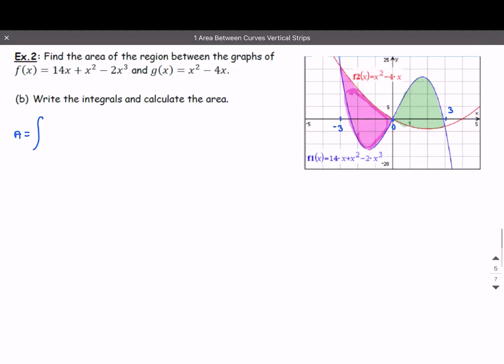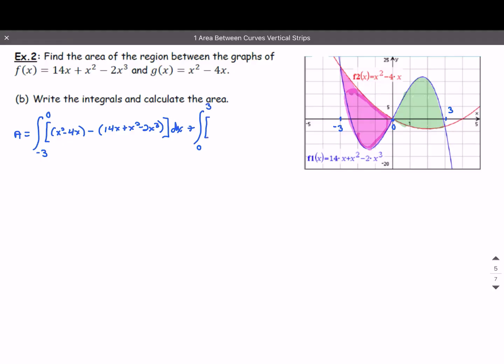That means we need two integrals to find this area. So the first integral is going to go from -3 to the point of intersection 0 of the top curve, which is g of x, which is the x squared minus 4x, minus the bottom curve, 14x plus x squared minus 2x cubed dx, plus the integral, now in the green region, goes from 0 to 3.